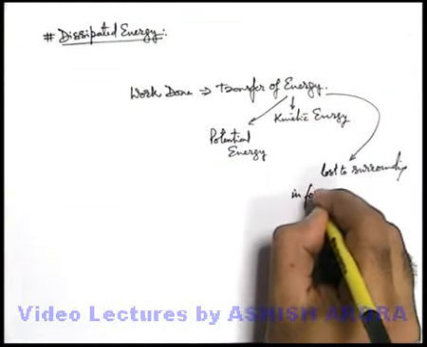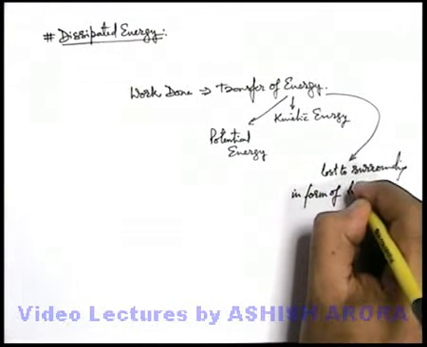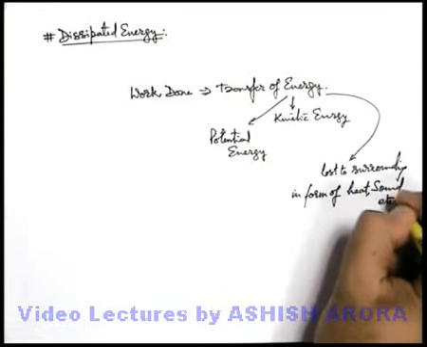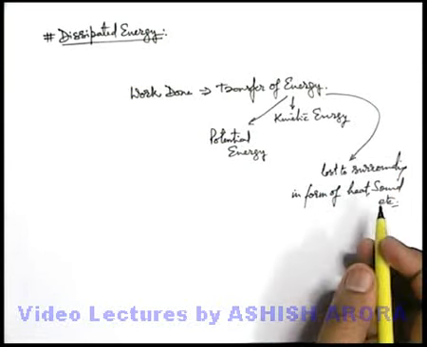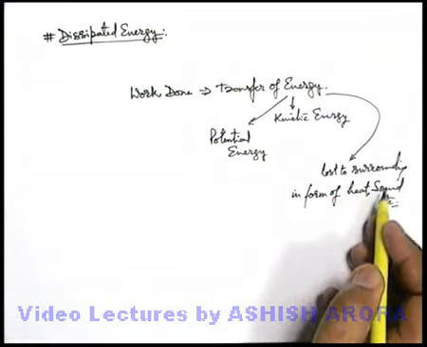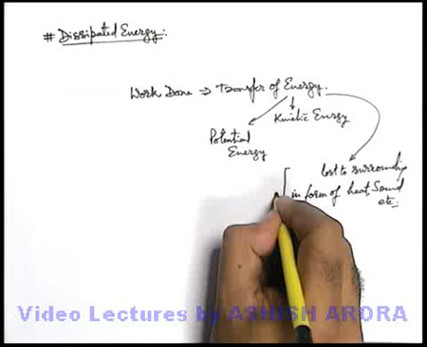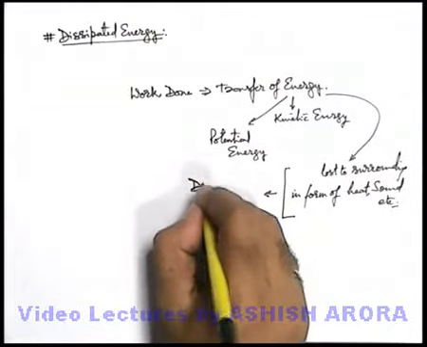in form of heat, sound, etc., or some other sort of energies which once lost can never be retrieved back. This particular type of energy we give a separate name, dissipated energy.